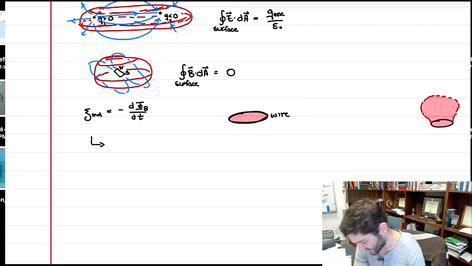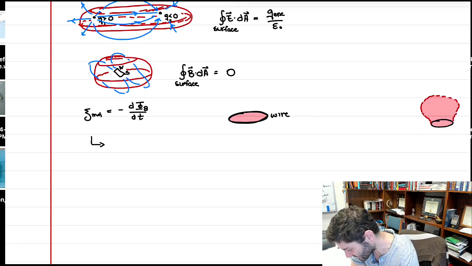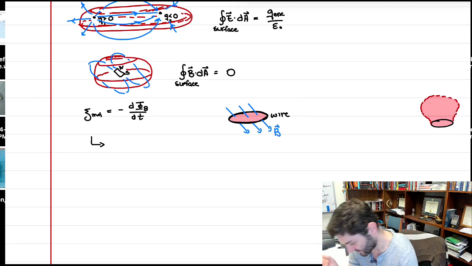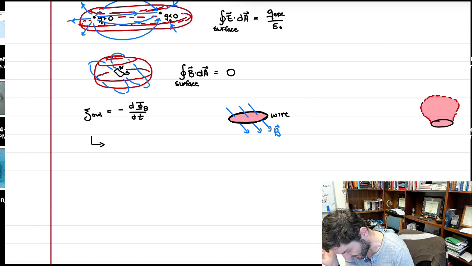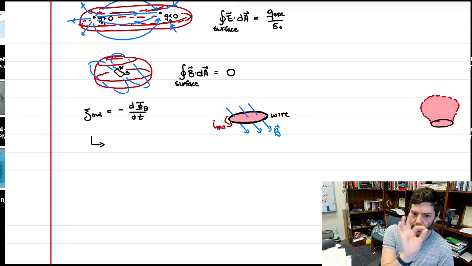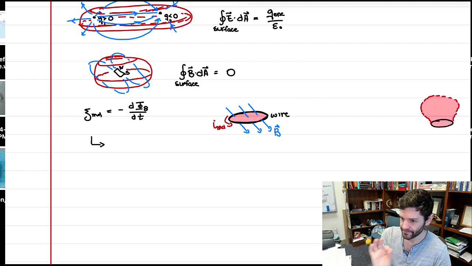Again, if there is no battery attached, no capacitor, nothing, and we looked at the magnetic flux that's going through this particular surface, the way that the magnetic flux changes could induce a current clockwise or counterclockwise along that wire. Currents don't just move for no reason.